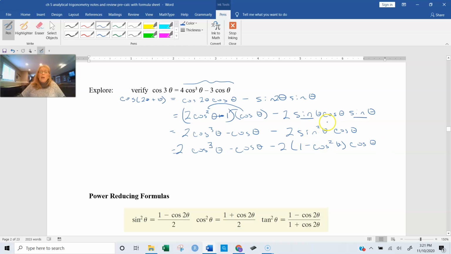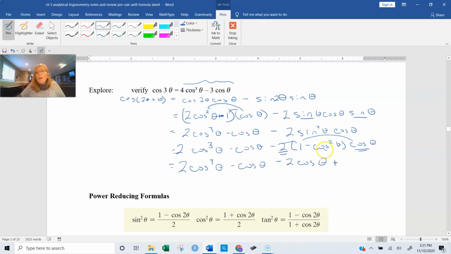Okay, I'm running out of room here, so I'm going to cheat just a little. I do 2 steps in one. 2 cosine cubed theta minus the cosine of theta. Now here, I'm really multiplying -2 and cosine through to here. So -2 times 1 and the cosine times 1 is going to give me -2 cosine theta. Same with the other one. So -2 times this is a positive.